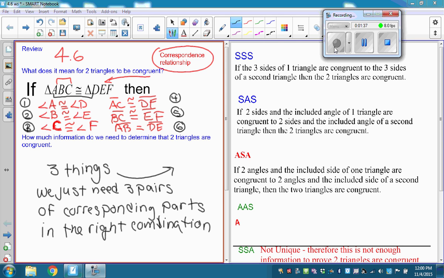So we need 3 pairs of corresponding parts in the right combination to be congruent. Should have put that here. But that's what we worked on in class yesterday, and so today, it's just an extension of that.